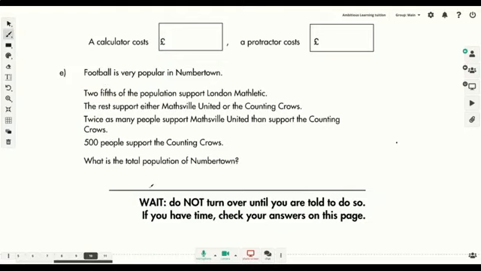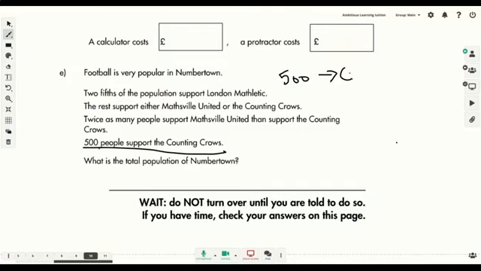So you need to find out the population of Town. So let's write down the information given to us. 500 people support CC. Information is taken from here if you don't know.